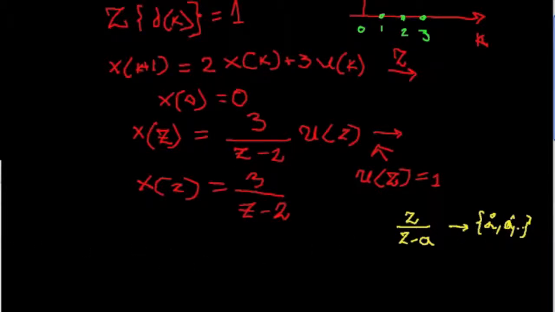Therefore we transform this expression as follows. We factor z out: this is 3 z minus 1 divided by 1 minus 2 z minus 1.